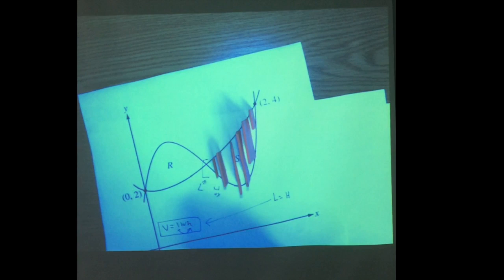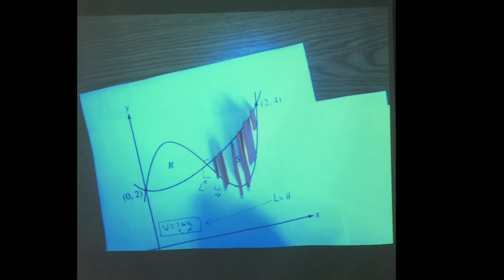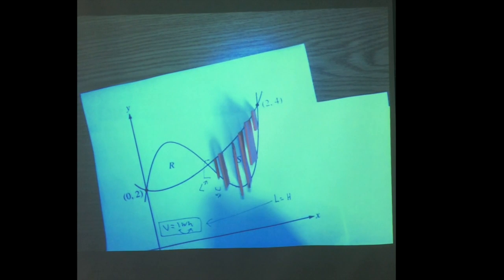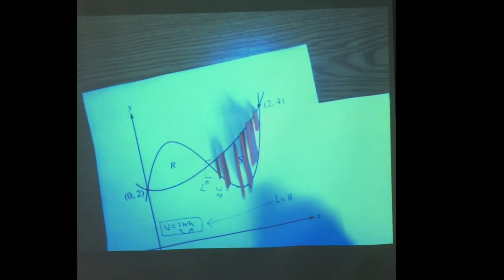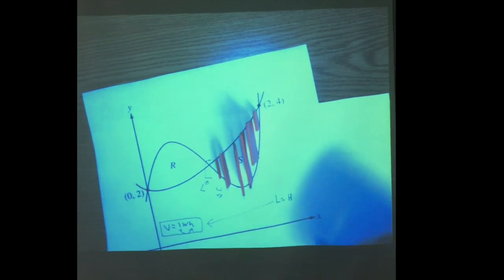So that's one method, but I prefer the other one where we write it as 1 integral, so f1 of x minus f2 of x dx. That's the method I prefer.